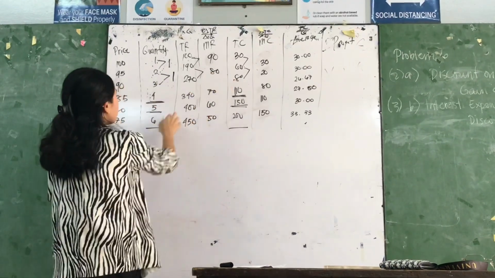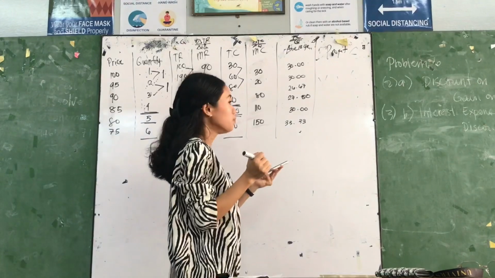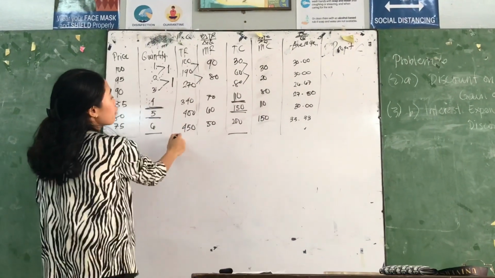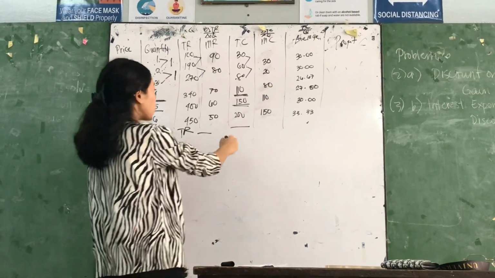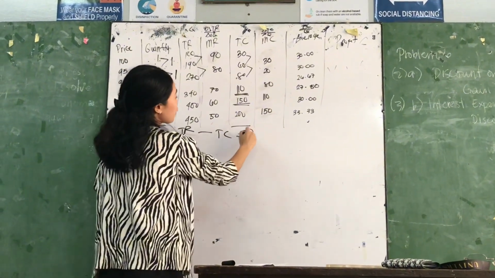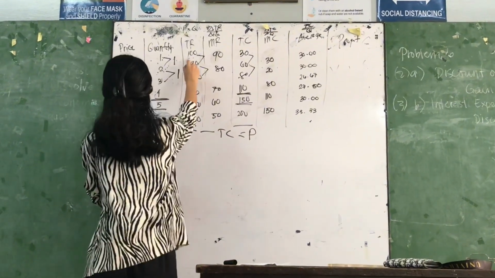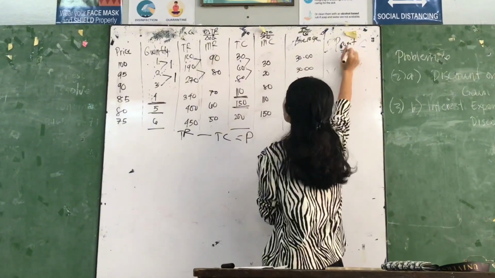Then let's proceed to profit. So the formula of profit is total revenue minus total cost is equals to profit. So 100 minus 30 is equals to 70.